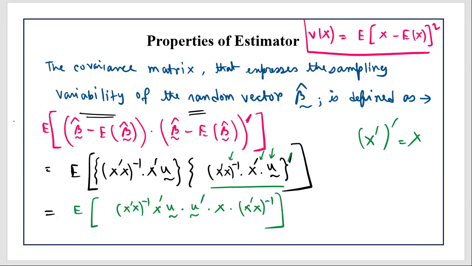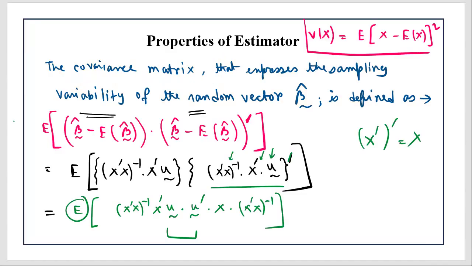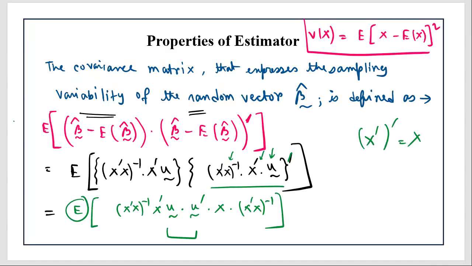So this will happen. Now see, expectation is there. Expectation will be only on the random variable, that is, the only random variable is u curl. So let us do that. So expectation: x prime, x inverse, then you have x prime, then you have expectation on u curl transpose, and then you have x, and then you have x prime x and the inverse of that.